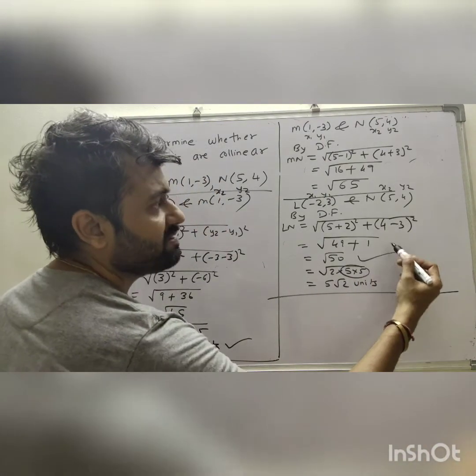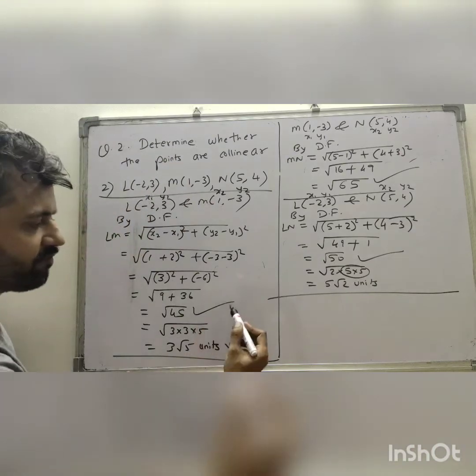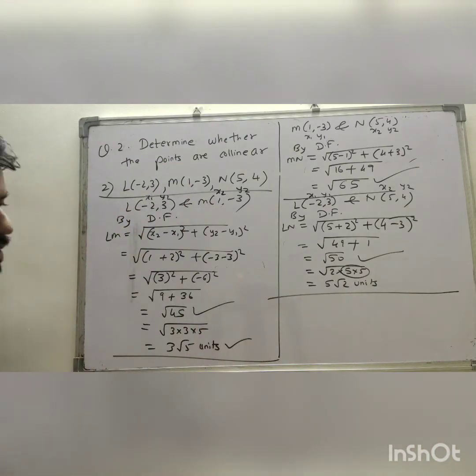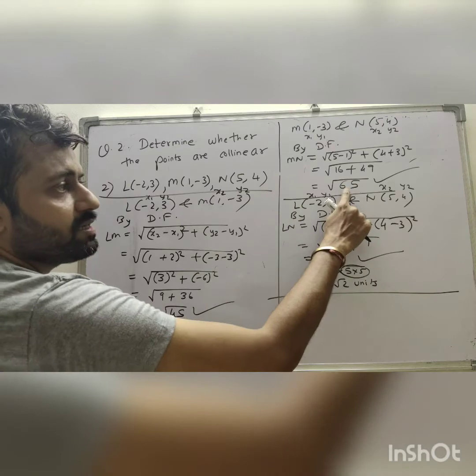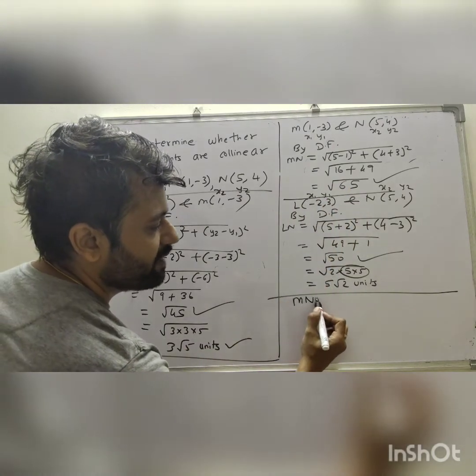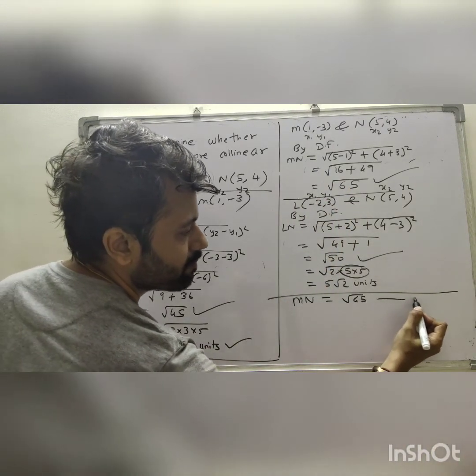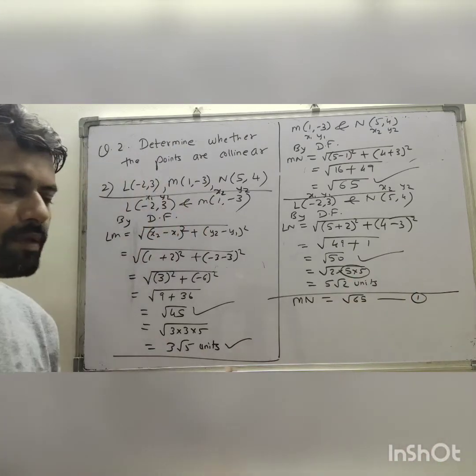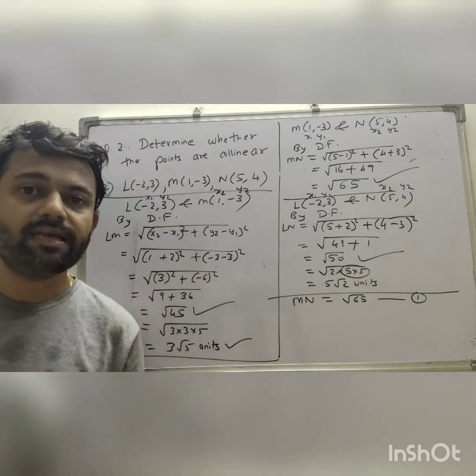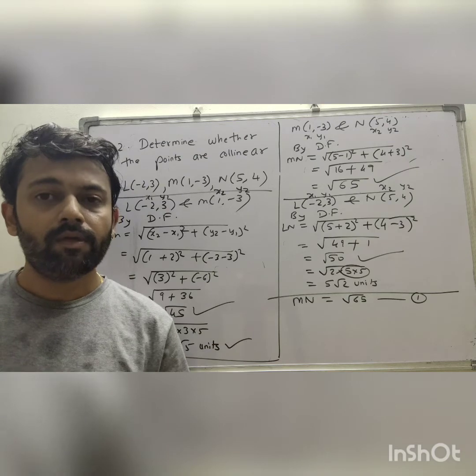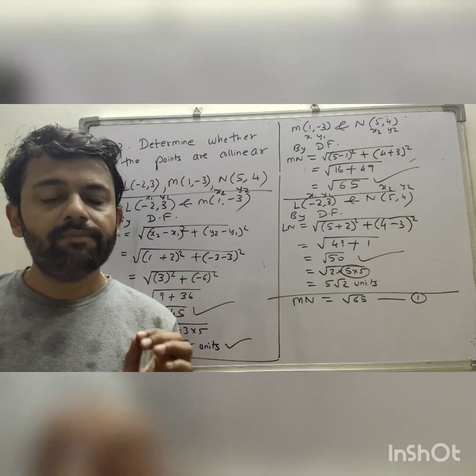Check. Root 50, root 65, root 45. ये तीनों में बड़ा कौन है? रूट 65. तो उसको पहले लिखेगा MN is equal to root 65. Number 1. Understand students my example, my explanation. It will be same for any sum.